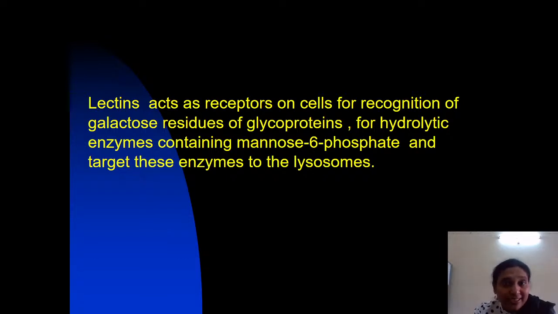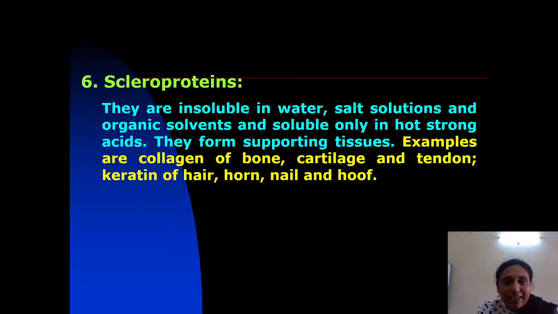So lectins on the cell surface help in the recognition of galactose and mannose 6-phosphate, which makes the enzyme function easier. These are the functions of lectins.